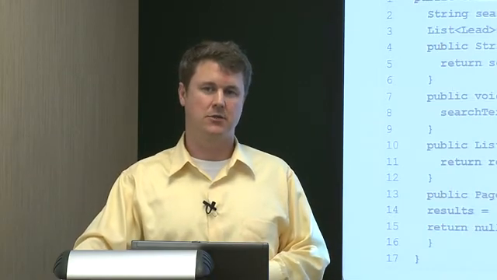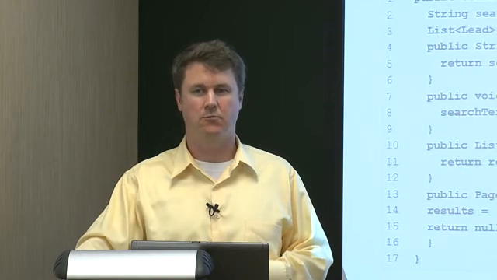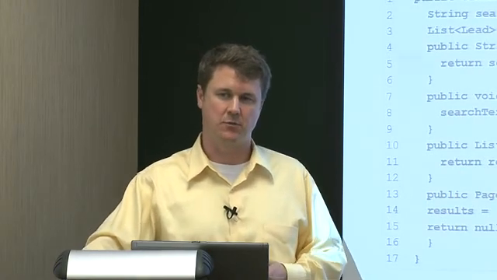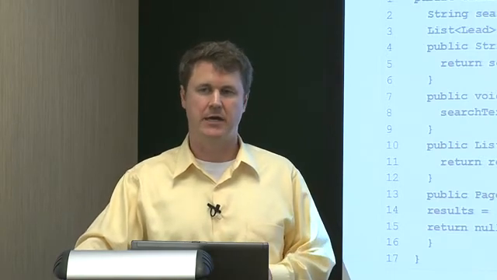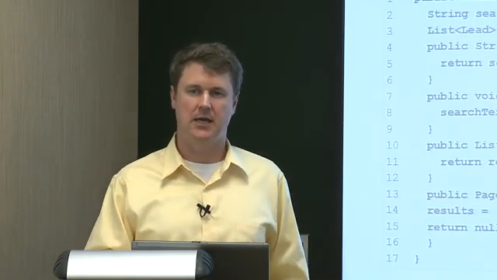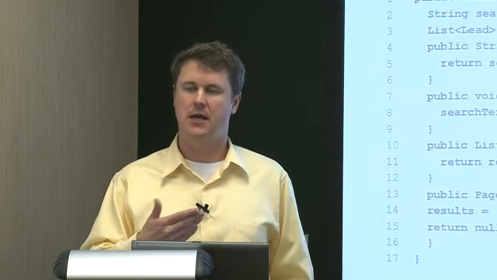Because we're only searching in leads, our list of lists will only contain one list. Therefore, our results will be a single list of leads. So what we've done is we've simply said, let's just access the first element within that outer list. That's going to be a list of leads. So let's cast it back to a list of leads and then set results equal to that.